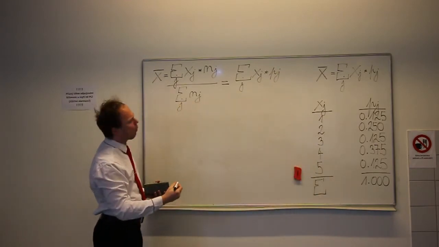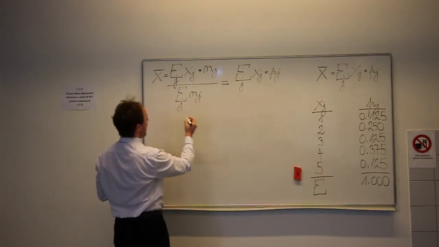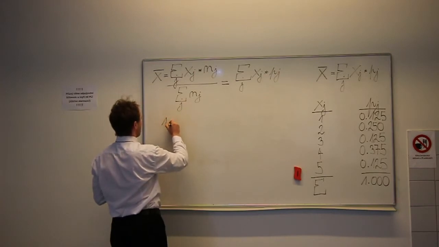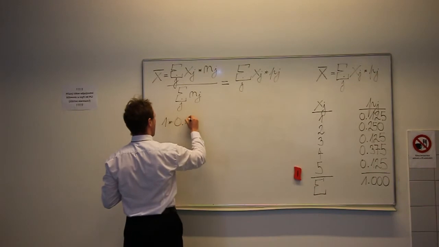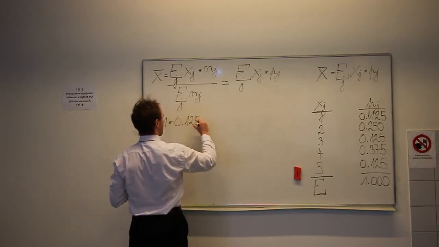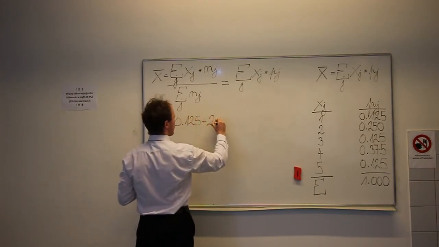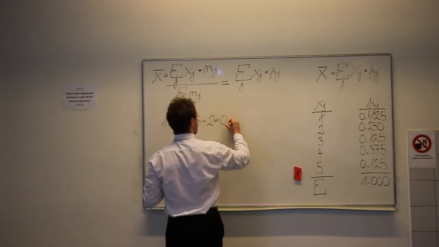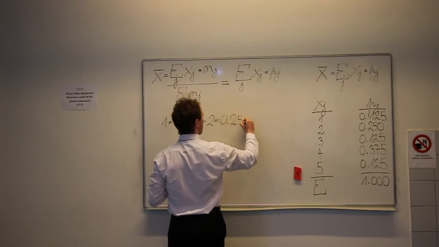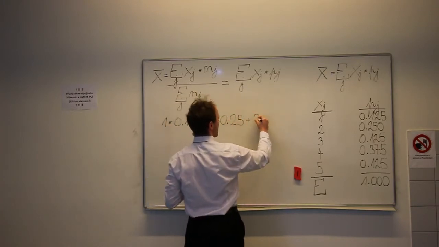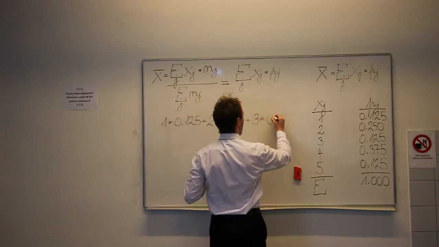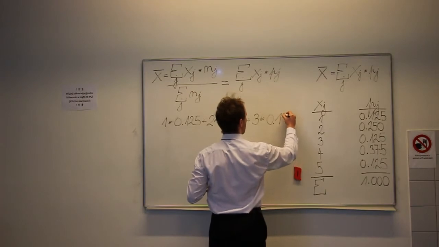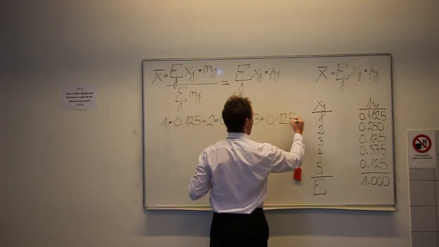So check the following steps, yes. 1 times 0.125 plus 2 times 0.25 plus 3 times 0.125.